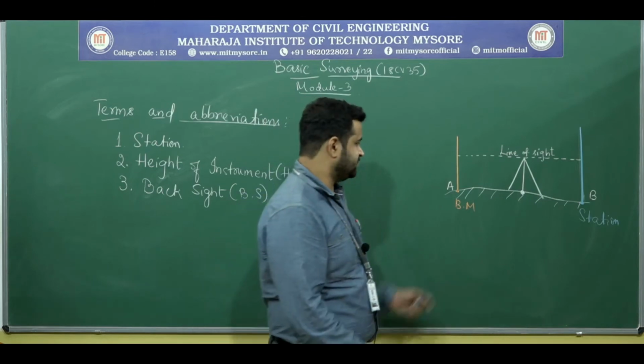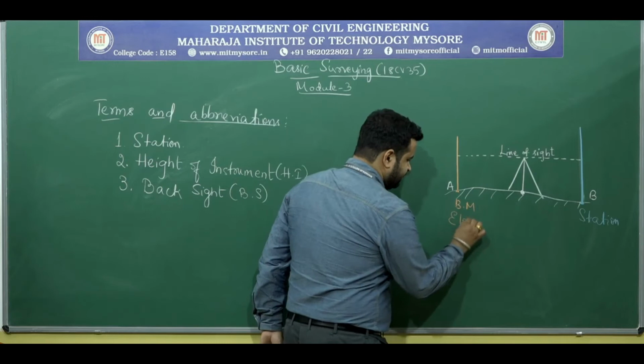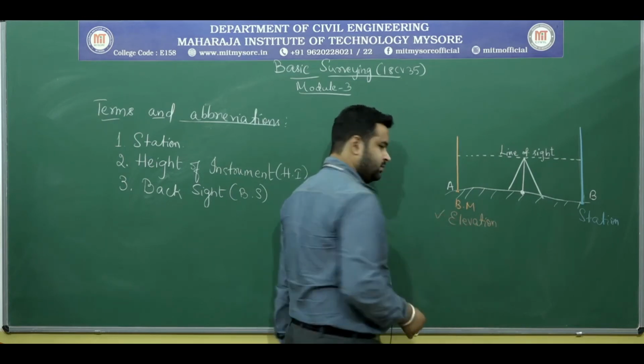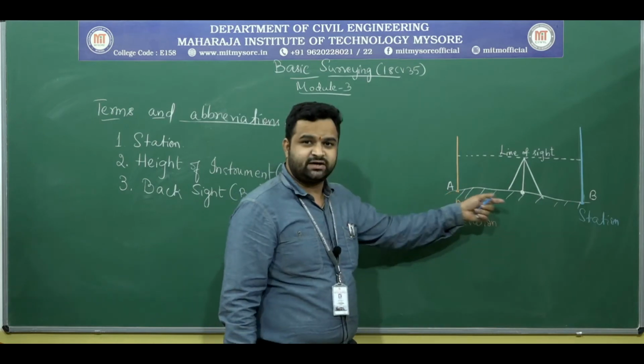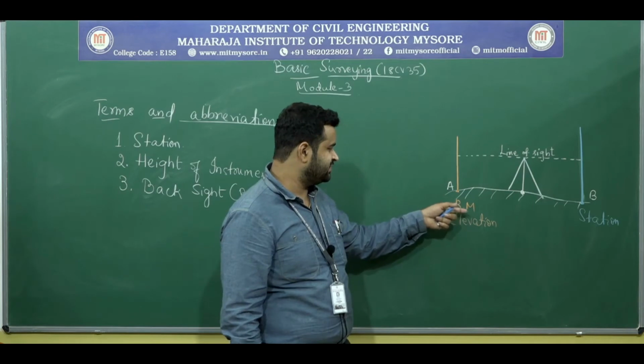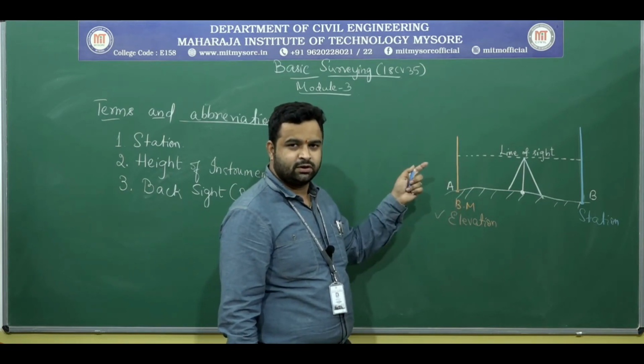So if you observe here, say the elevation of the benchmark is known. It is a sight taken at a rod kept at known elevation. Here we know the elevation of the benchmark, so that sight is called back sight.